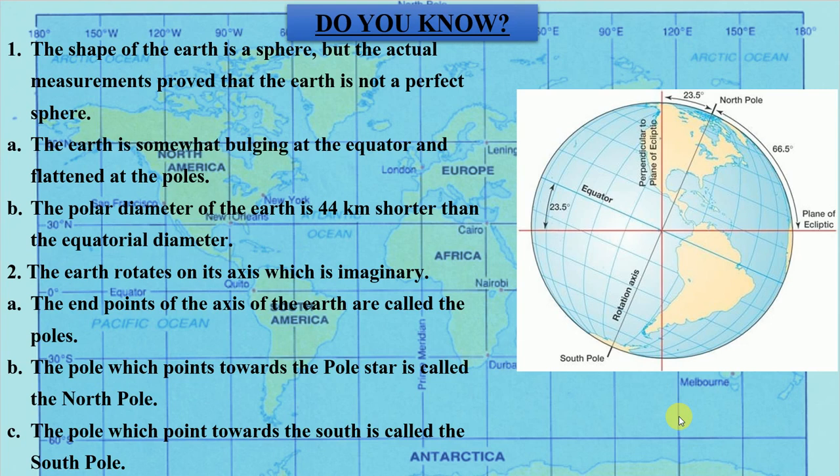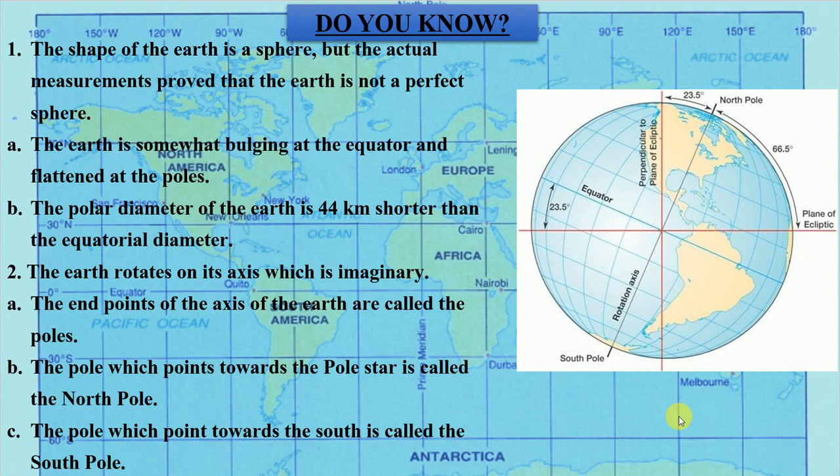Every point on a ball is like any other point. Therefore, in order to know the location and direction of a place on the surface of the Earth, we have to develop some method or technique.